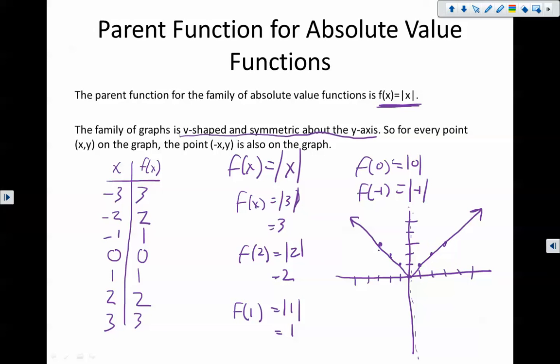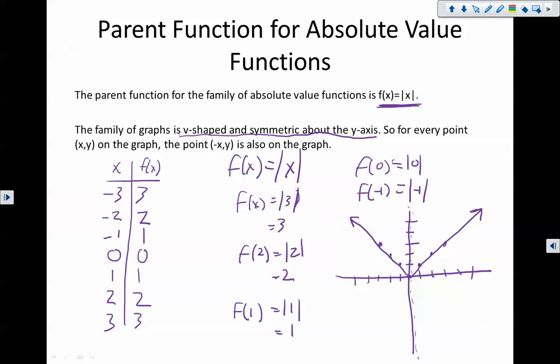All absolute value graphs look like this because when you plug in something that makes the inside negative, it bounces back up. So all absolute value graphs have this V-shaped, symmetric about the y-axis shape.